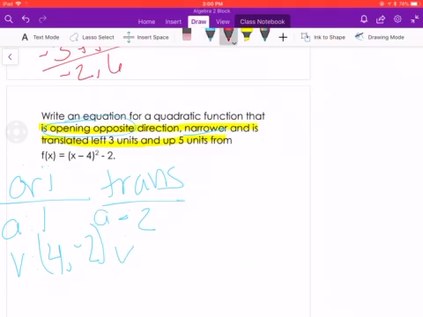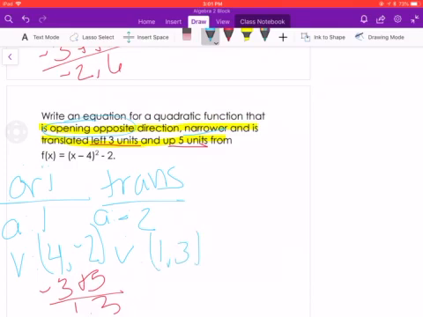And for our vertex, we are now going left 3 units and up 5. So under your 4, you're going to subtract 3, and under your 2, you're going to add 5. That will get you to 1 and 3. So your new vertex is going to be 1, 3.